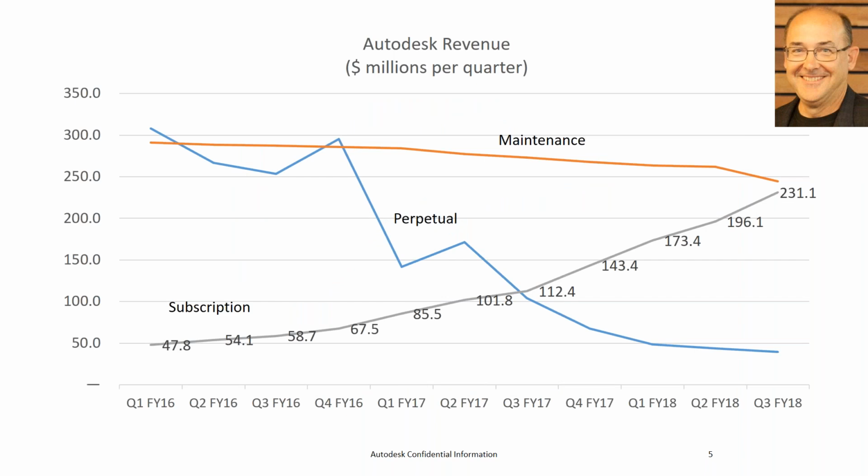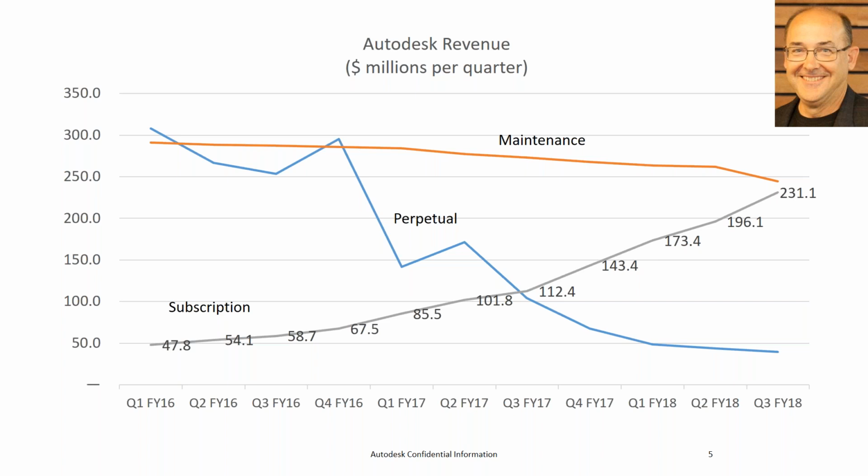Now, with what Autodesk has been doing, moving to subscription, here's the revenue broken down by maintenance. These are people who have perpetual licenses and are paying annual maintenance to get the latest releases. Then perpetual, which Autodesk stopped selling well over a year ago now, and you can see that drop. And then subscription. The thing to really take notice of is the growth in subscription over the last year.